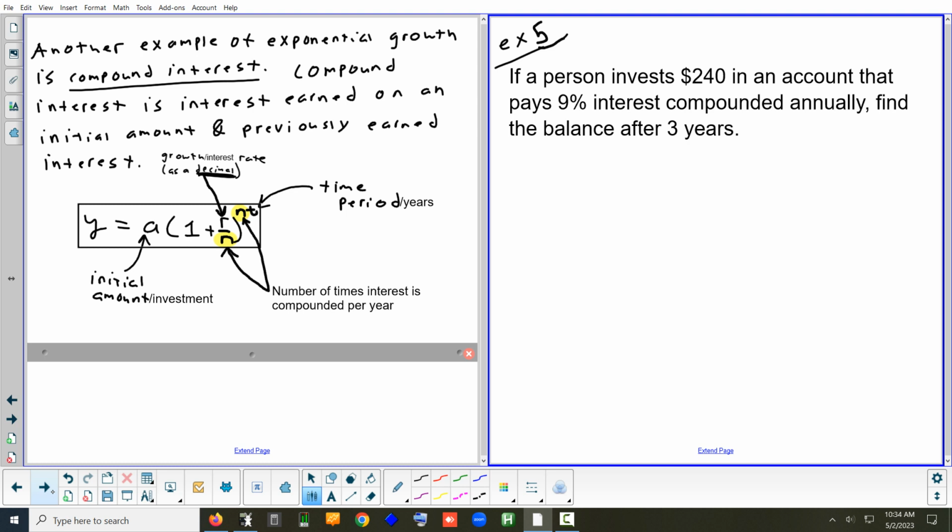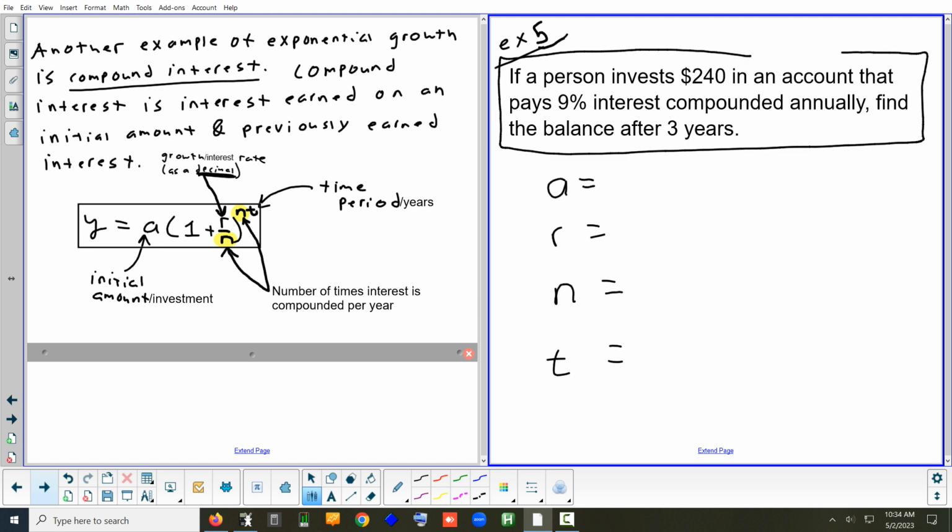Okay, so we just have to go through and see if we can identify 4 letters. A, R, N, T. And all of that information is going to come from right there. Anybody think they see what A is? Yep. $240.